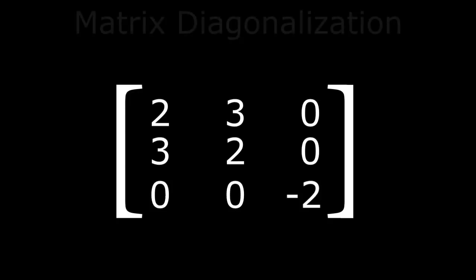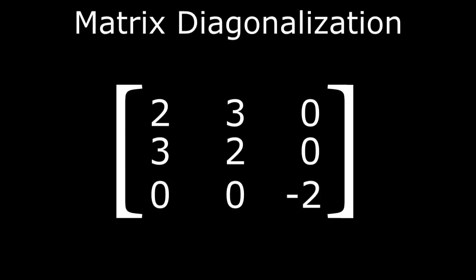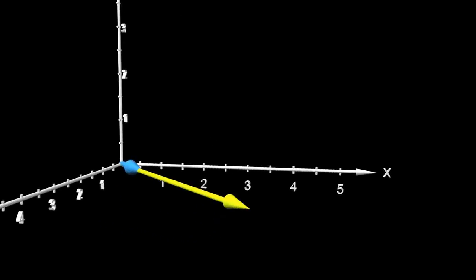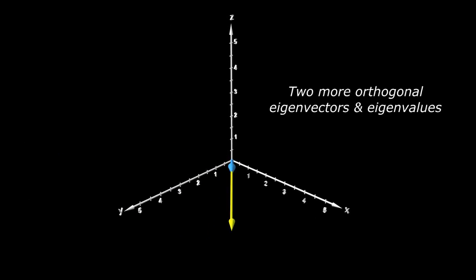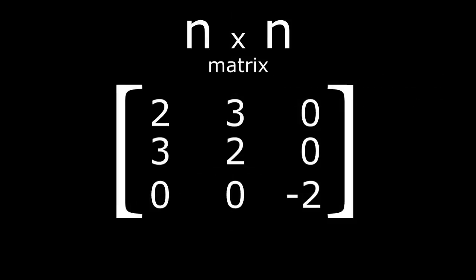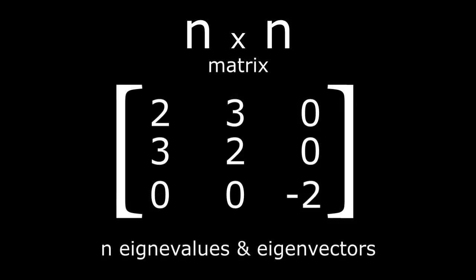The last mathematical concept I want to present before we get back to diffusion tensor imaging is matrix diagonalization. I just showed you one of the eigenvectors and corresponding eigenvalues of our simple tensor. There are actually two more, as for any n by n matrix, there are n eigenvalues and eigenvectors. So our 3x3 tensor has a total of 3.